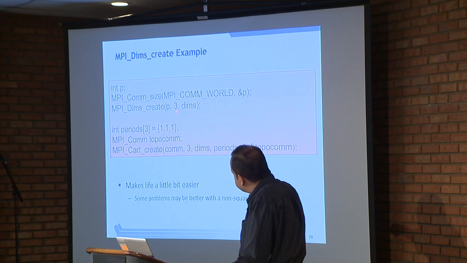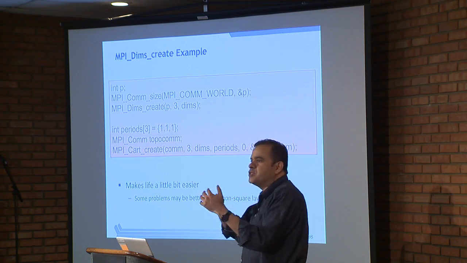It will try to divide P into the 3 dimensions in as balanced a way as possible, so that you have a good decomposition. If you do it in an unbalanced way, the communication volume is typically not good. So if it's 100, then 10 by 10 results in a more balanced decomposition rather than 50 by 2 or something. So MPI can suggest a good number.